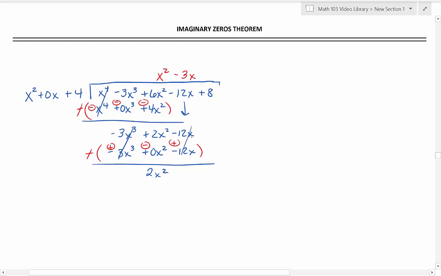Notice our x terms cancel out as well, but I'd like to keep a placeholder there since it's in the middle. So plus 0x plus 8. Dividing again, x squared goes into 2x squared, a positive 2 times. Multiplying back, 2x squared plus 0x plus 8. And we subtract again.